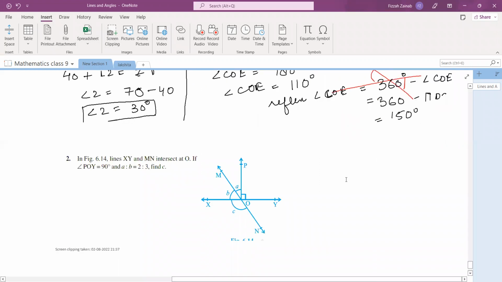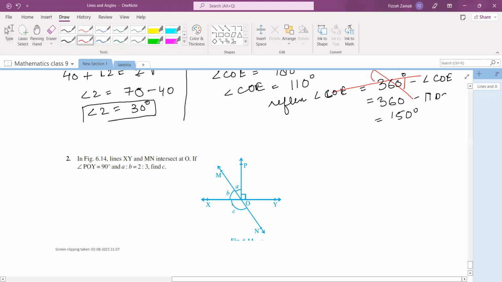Okay, here is question number 2. Now line XY and MN intersect at O. Okay, see which is XY and MN. If angle POY is 90 degree, so this angle is given. This is 90 degree. And A is to B is 2 is to 3.